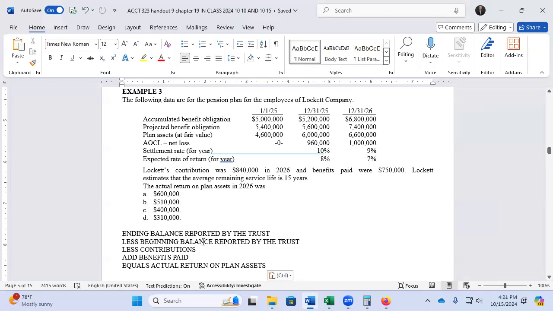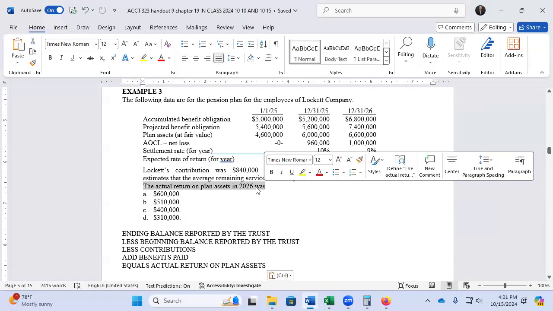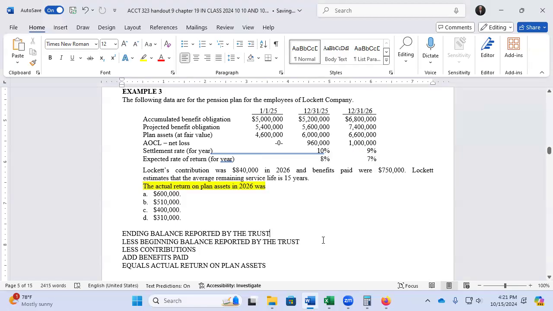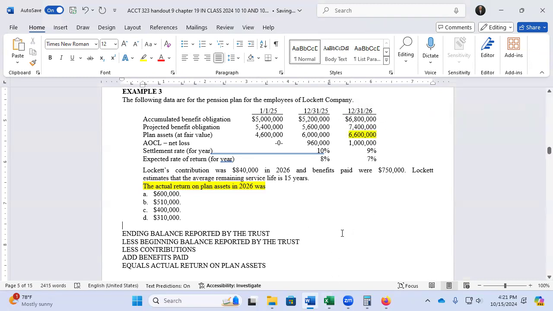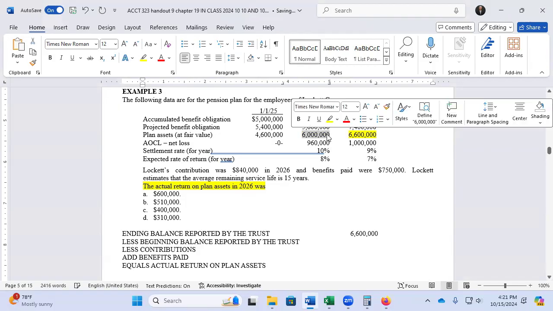I'll give you some time to do that. We want to know what is the actual return on plan assets in 2026. So we take the ending balance reported by the trust, which is 6.6 million, and we subtract out the beginning balance.